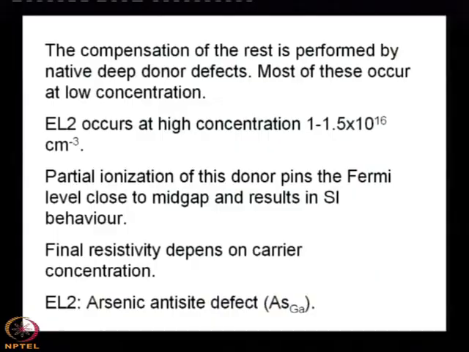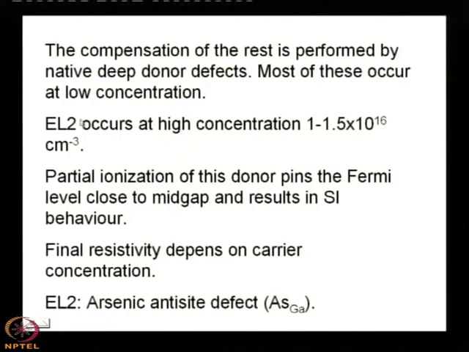The compensation of the rest is performed by native deep donor defects. Deep donor defects are near the mid gap, and most of these occur at low concentration. But there is one defect known as EL2, that is very important.